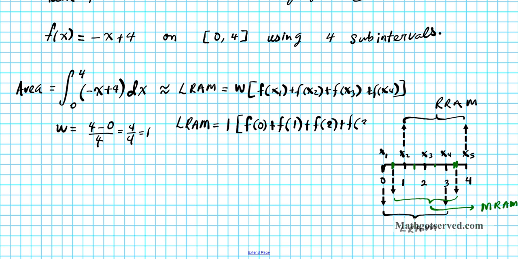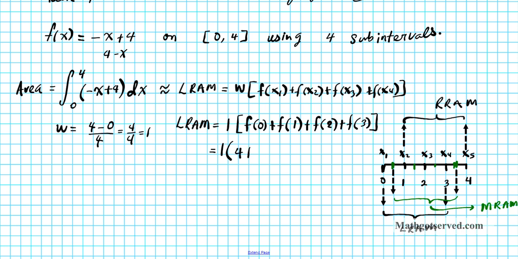And then what are we going to do now? We're just simply going to plug all of these values into our function. So what does our function do? This is a simple function. You're basically subtracting our inputs from 4, because this is the same thing as 4 minus x. So we can do this easily. We have 1 times f of 0, which is 4 minus 0, which is 4.